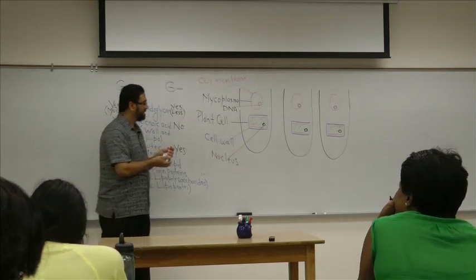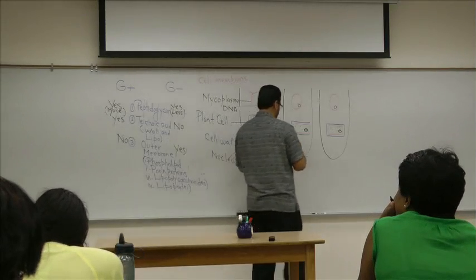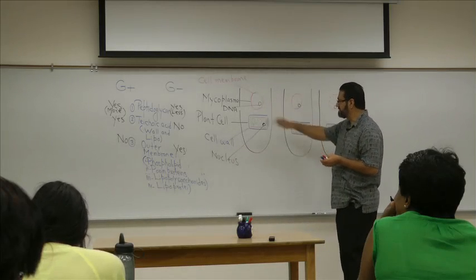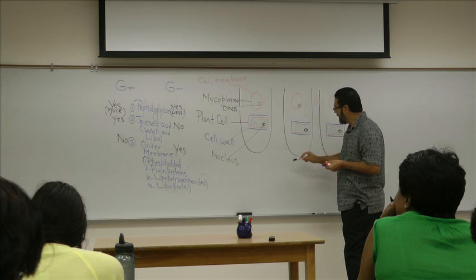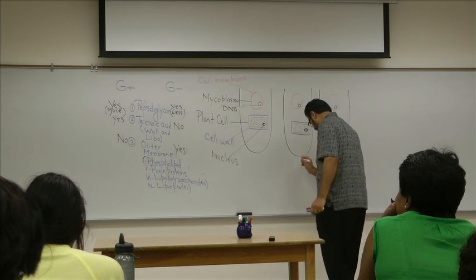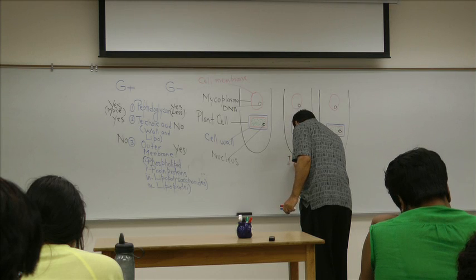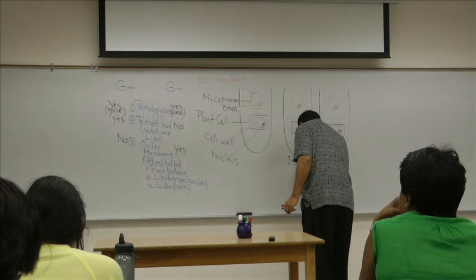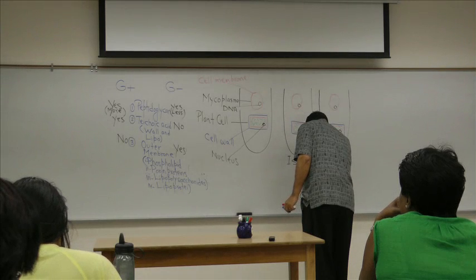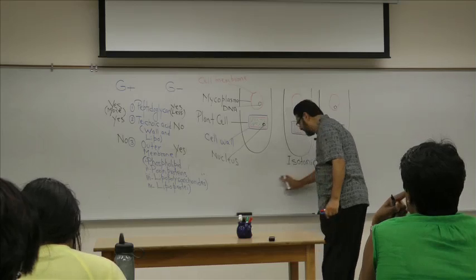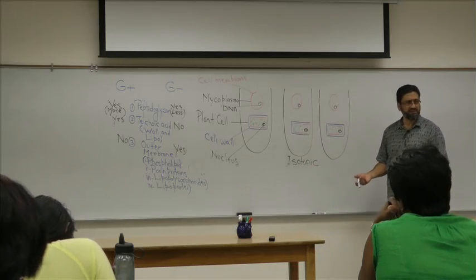Now let's make the conditions. Isotonic in the middle one. Isotonic is the most suitable environment for most living cells.